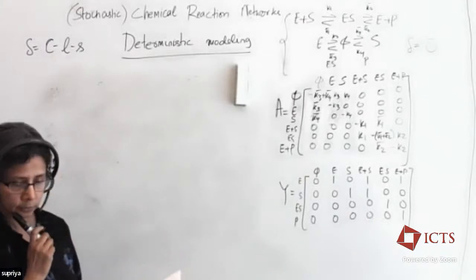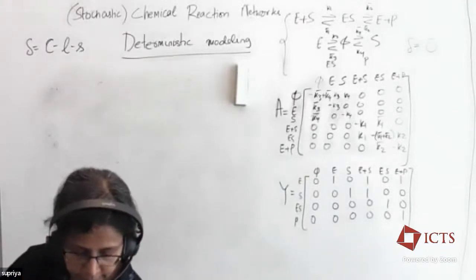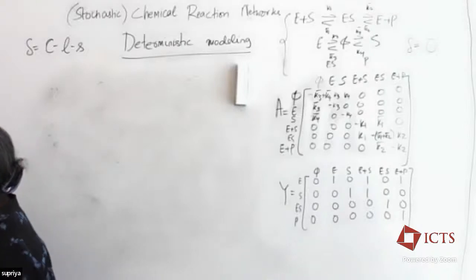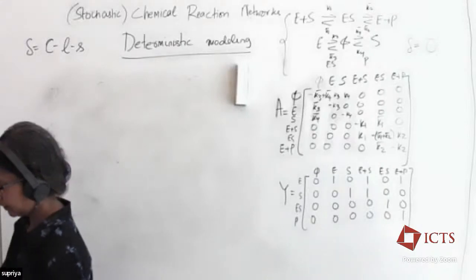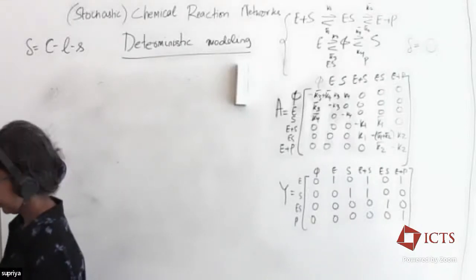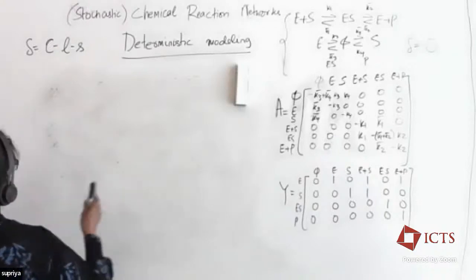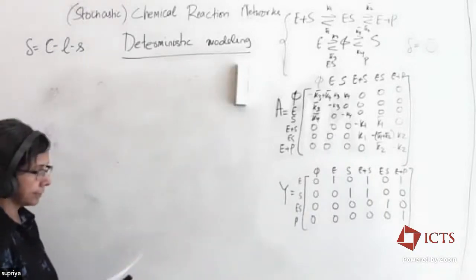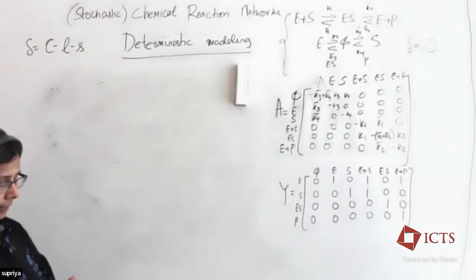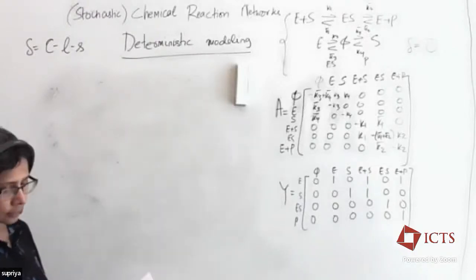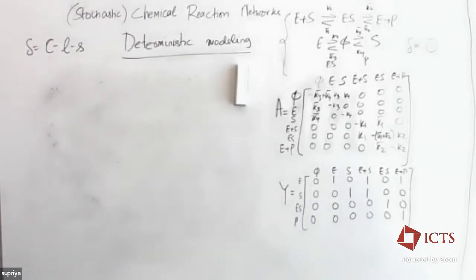Let's see how we do this. We can just write down what we did yesterday, for our favorite enzyme kinetics, 4 species, and we had our reaction rate equations.